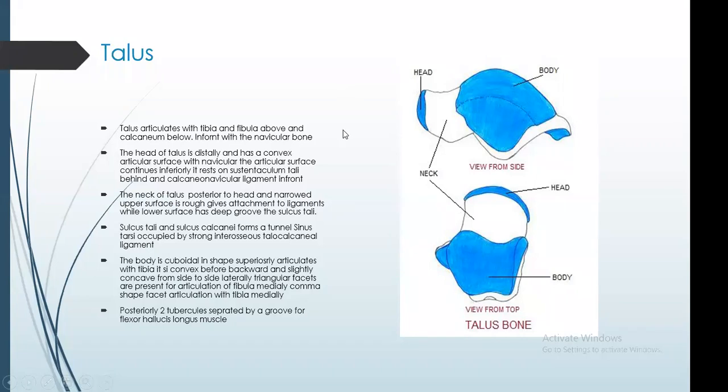So the talus bone connects to the fibula and the tibia articulation. This forms the articulation to the tibia and the fibula. Okay, the talus articulates with the tibia and the fibula above and the calcaneum below, right here.